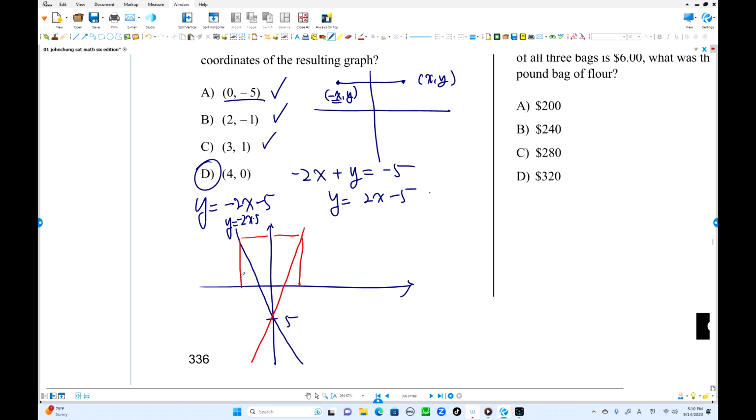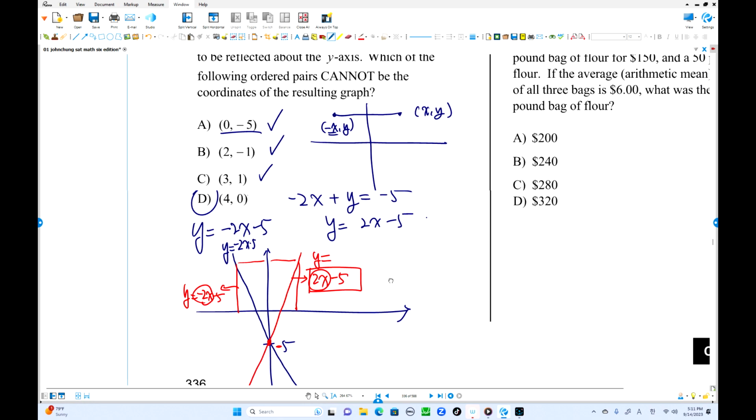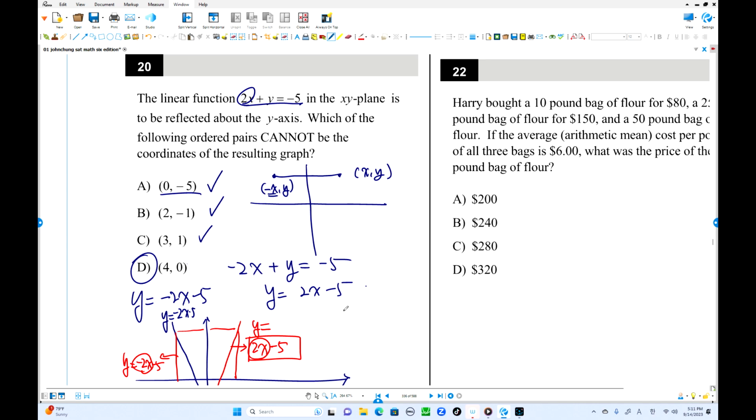Okay, the slope is the same, but with opposite sign. This line is what? 2x minus 5, right? Still, the y-intercept is negative 5. That's okay? Yeah, using the graph, you can find the equation over here, okay? y equals 2x minus 5. This one is y equals negative 2x minus 5, okay? Negative 2x, positive 2x. Okay, that is numbers 1 to 20, okay?